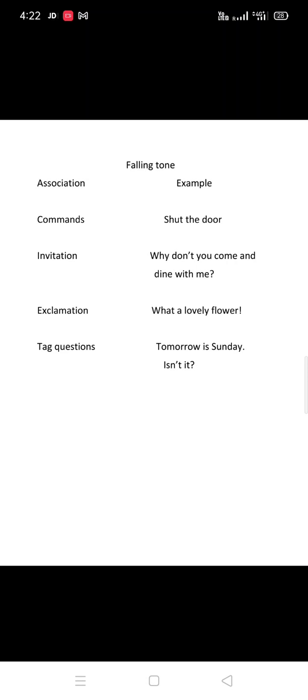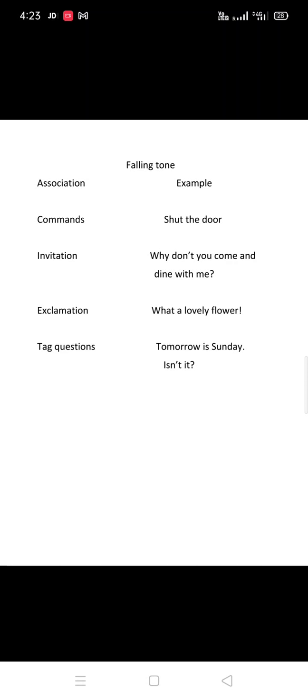It may sound confusing because while giving commands like shut the door, maybe you think that our tone is rising, shut the door, right? But actually, the rule is while giving commands, you should use falling tone, and you have to say it in this way, like shut the door. Here the tone is falling, not rising.